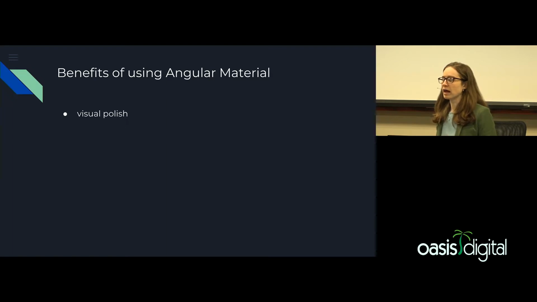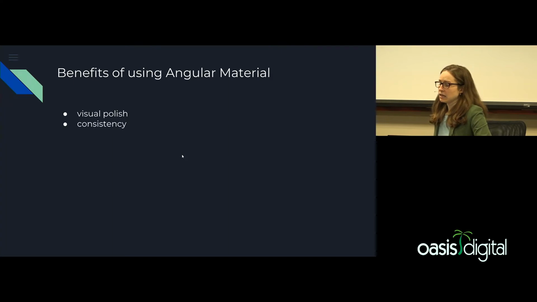They've paid a lot of attention, and they've paid some designers probably a lot of money to come up with a nice look and feel for their apps. So if you're looking for a way to add some visual polish to your app without having to have a whole set of designers, then this can be a great tool.